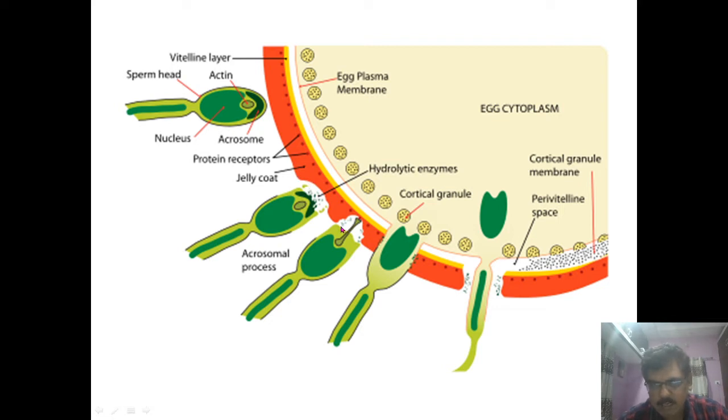After that there is an entry of the male pronucleus into the ovum or the ooplasm, and as soon as there is an entry of the sperm nucleus into the ovum, the peripherally placed cortical granules rupture or break down, and it forms a cortical granule membrane, or the fertilization membrane.